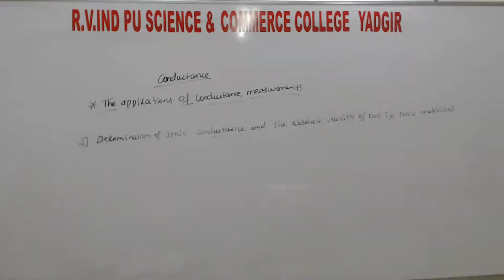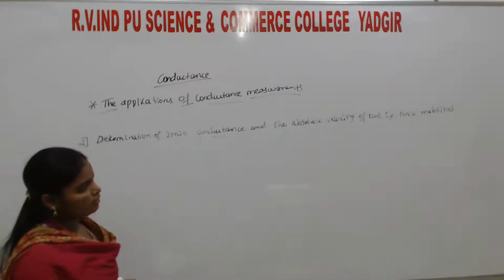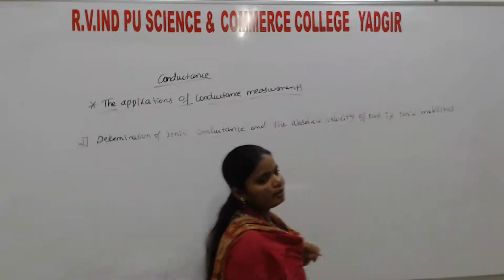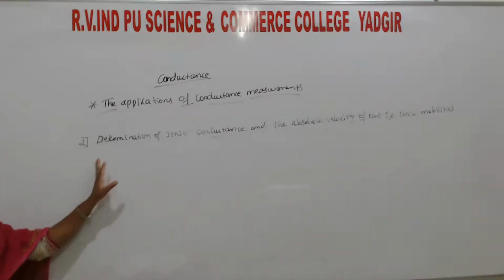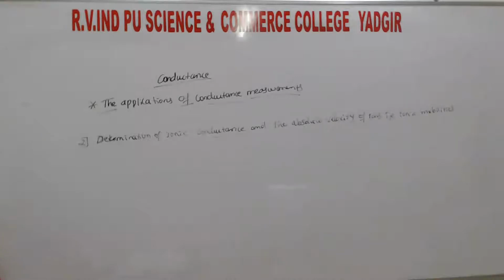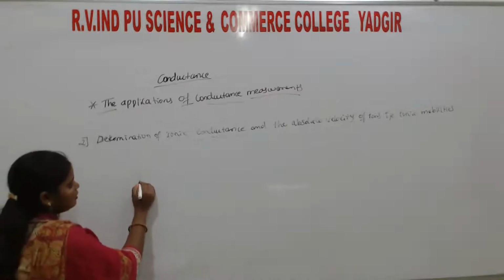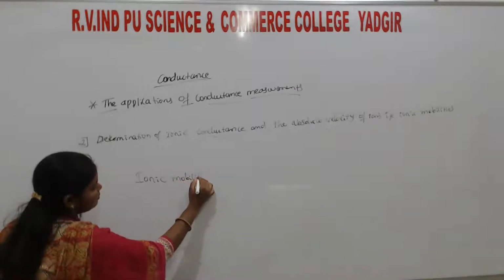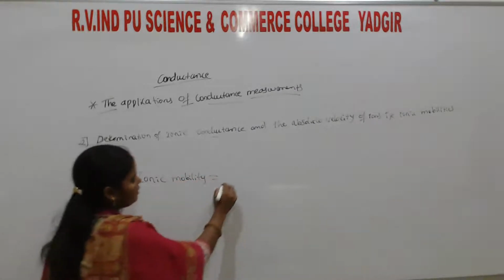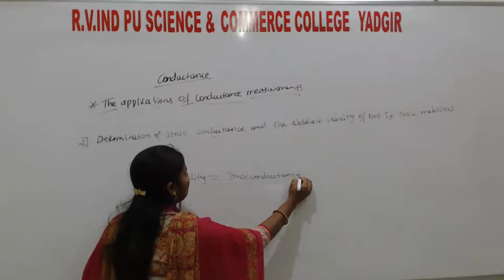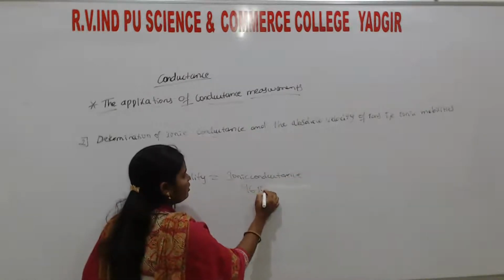Here the determination of ionic conductance and the absolute velocity of ions, that is ionic mobility. The relation between the ionic conductance and ionic mobility is: ionic mobility is equal to ionic conductance divided by 96,500.